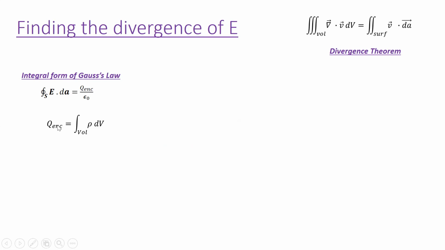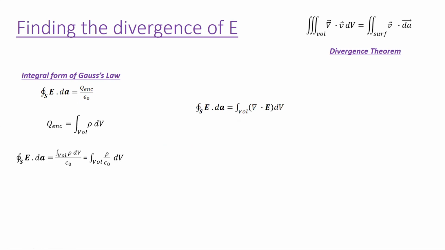So then, rewriting Gauss's law, we have the surface integral E dot dA is equal to, substituting in for Q enclosed, the volume integral of rho dV over epsilon naught, or bringing epsilon naught inside, the volume integral of rho over epsilon naught dV.